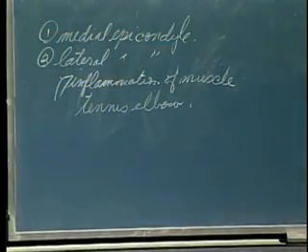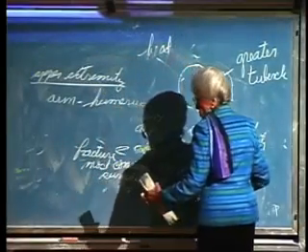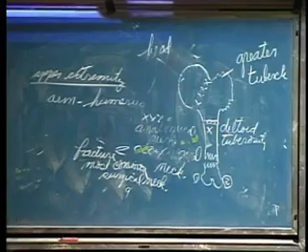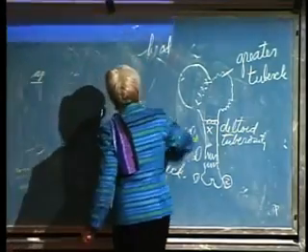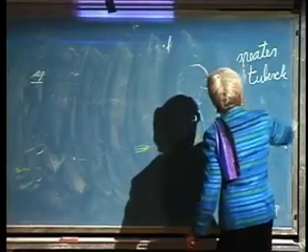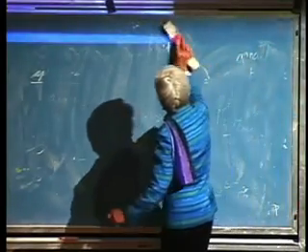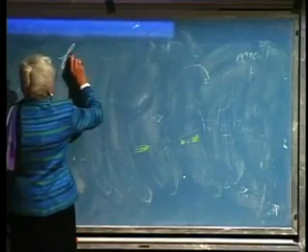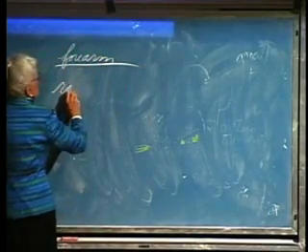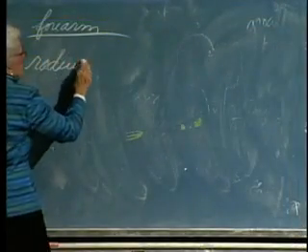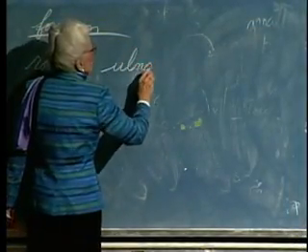Then we move down to our forearm, where we had two bones. We had the radius laterally and the ulna medially.